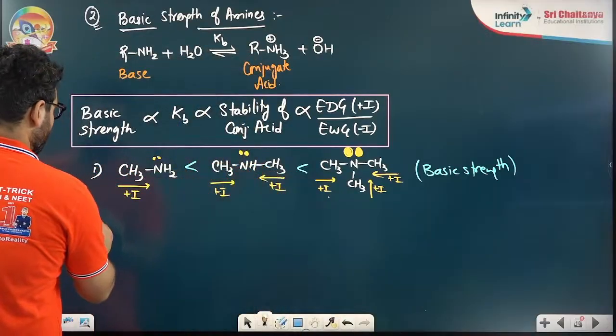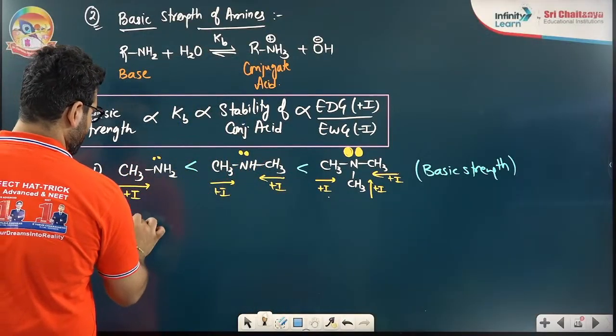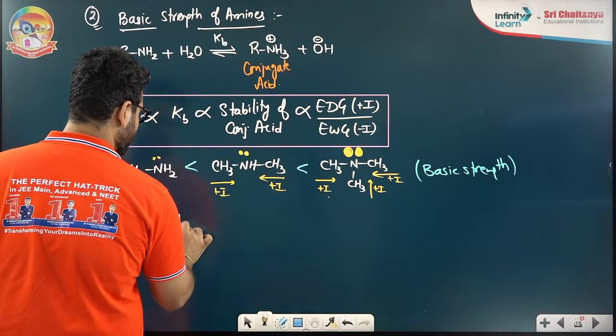In the same way, let's do one more where we have bases like this.